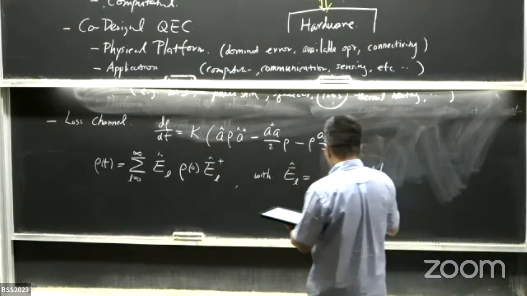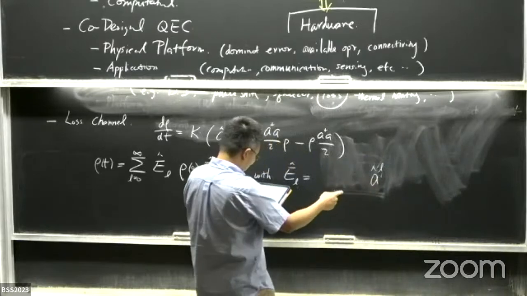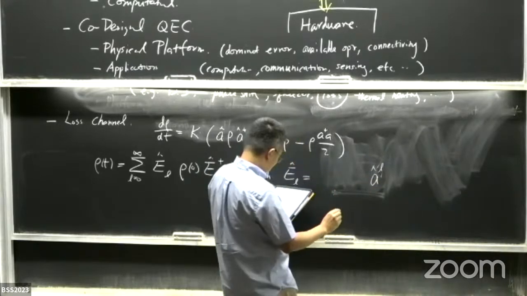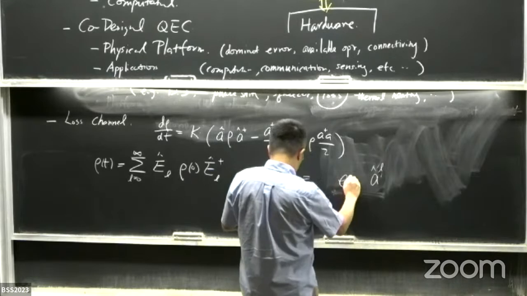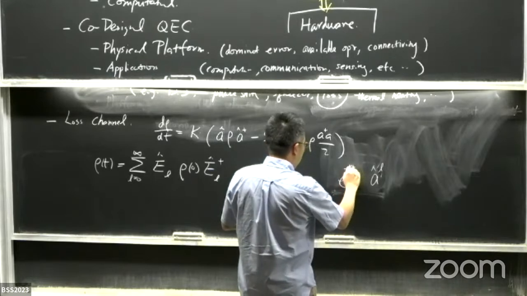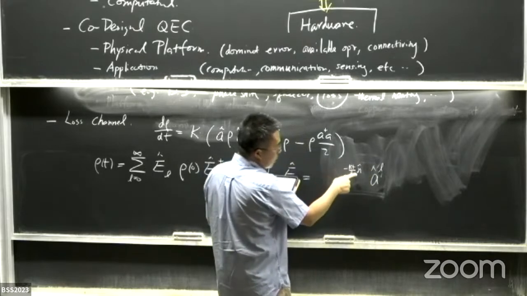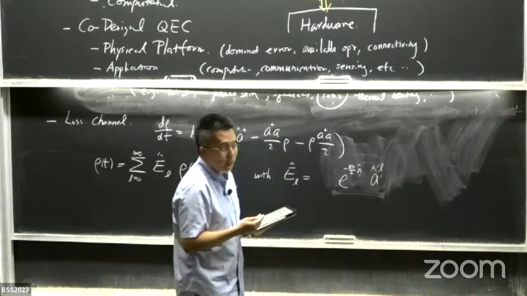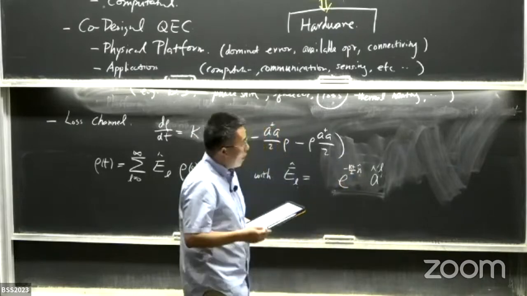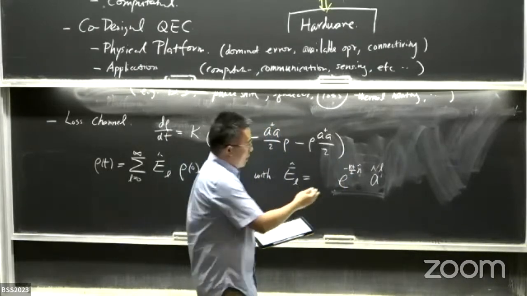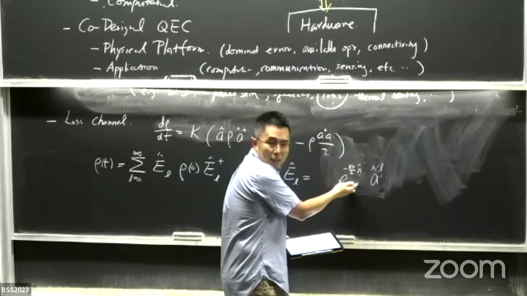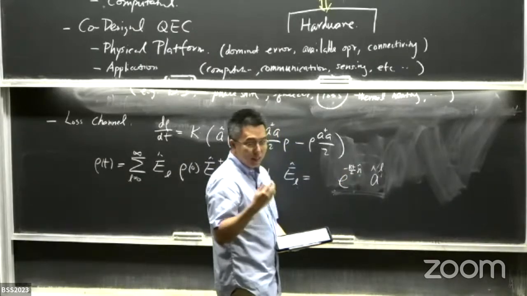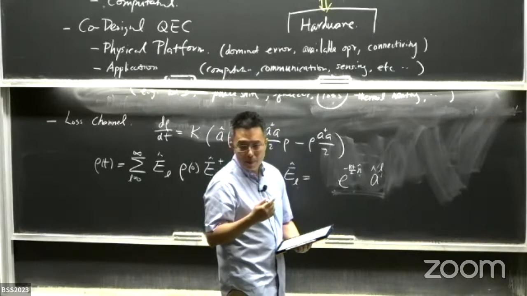But that's not everything, because there is an additional loss factor, e to the minus kappa t over 2 times n, where n is also an operator that captures that if you have more photons, you will suffer more of this attenuation in terms of the amplitude associated with that state.